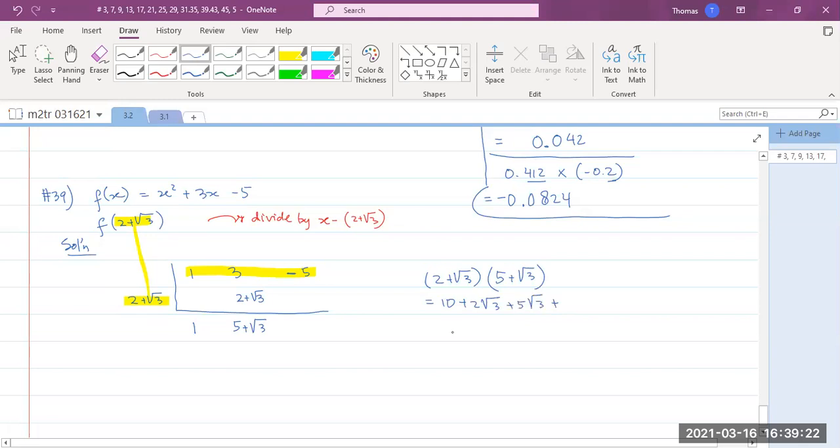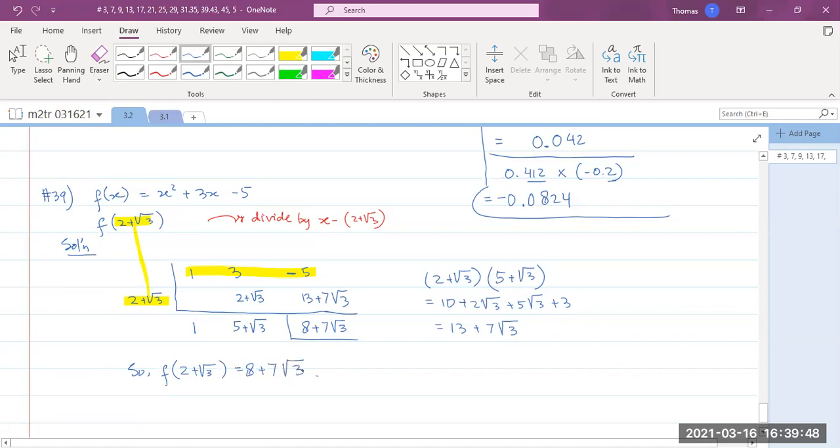We get 13 plus 7 radical 3. So the sum will be 8 plus 7 radical 3. So f of 2 plus radical 3 is being done the same way we did that before.